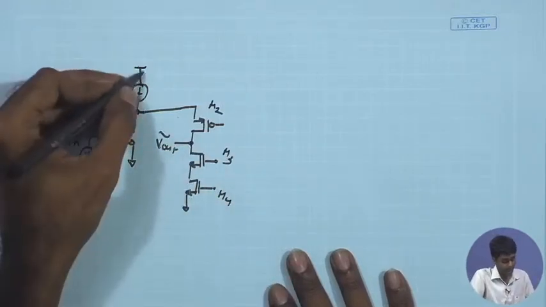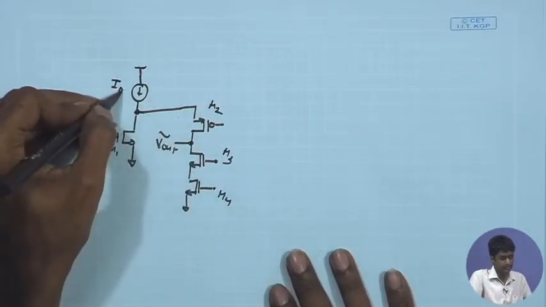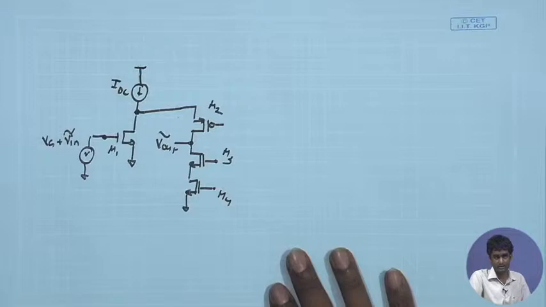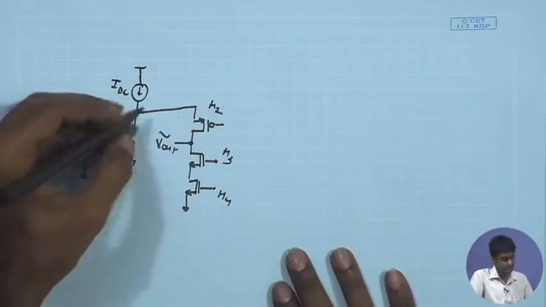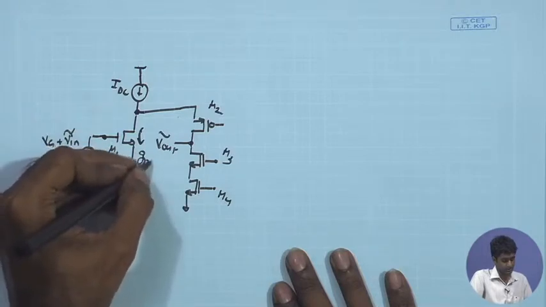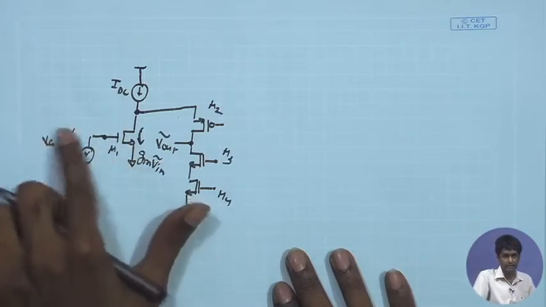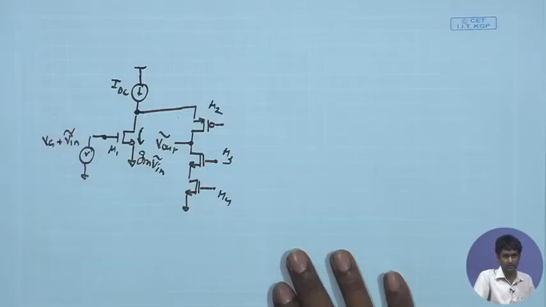And now, if I look at the overall operation, if I assume that this is a DC bias current, which is an ideal current, the small signal current provided by M1 is gm1 V in. This is the small signal current provided by M1 if you are applying an AC signal at the gate of M1.